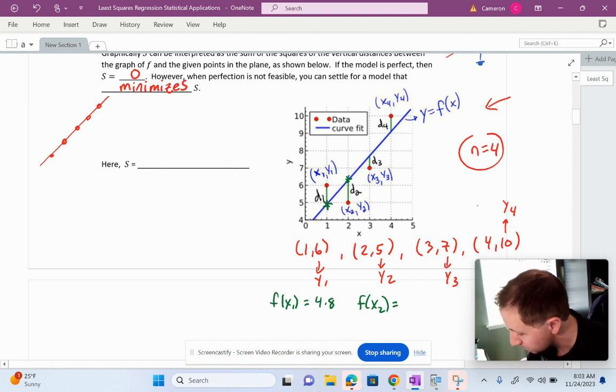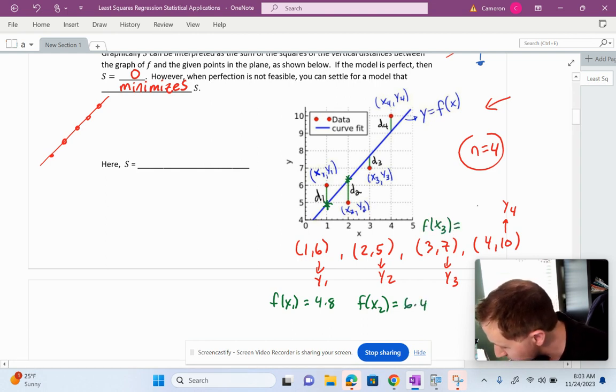That looks to be about 6.4. My f of x sub 3 I used 7.75, and again, I'm just estimating right now just to give you an example. And then the last one, f of x4, looks to be just over 9. We'll call it 9.1.